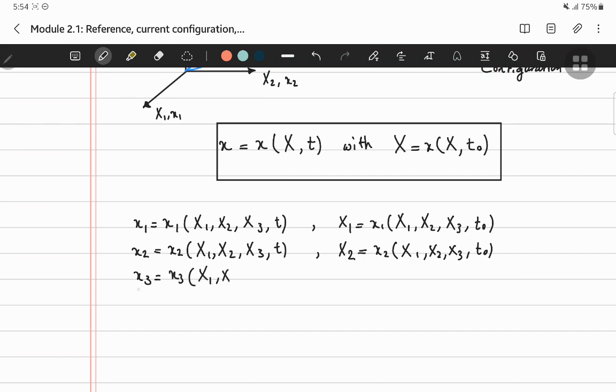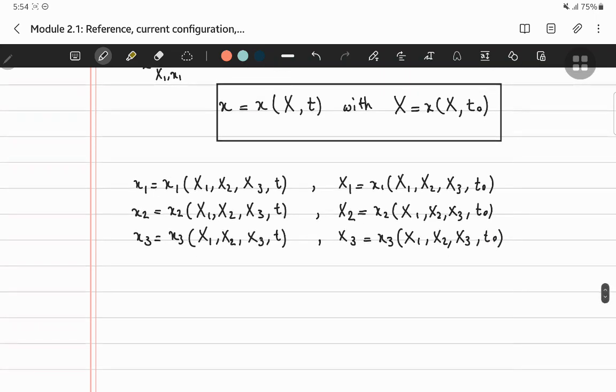So we have x3 at the current configuration, a function of capital X1, x2, and x3 at time t, where x3 is a function of x1, x2, and x3, all capital, at the initial time.